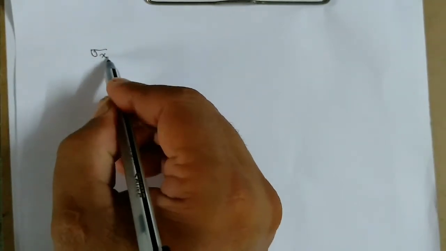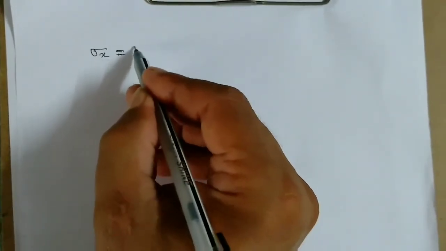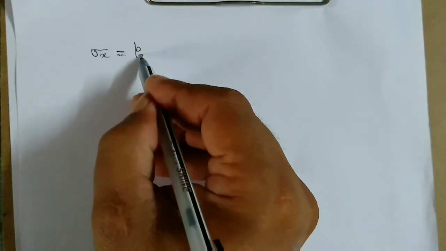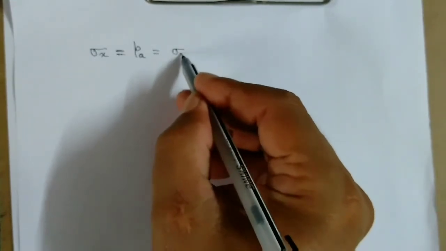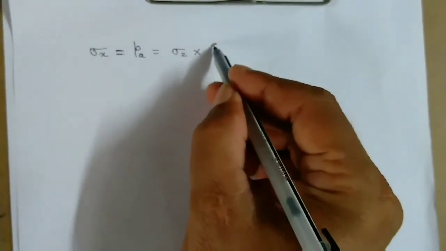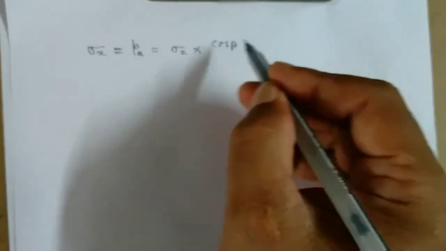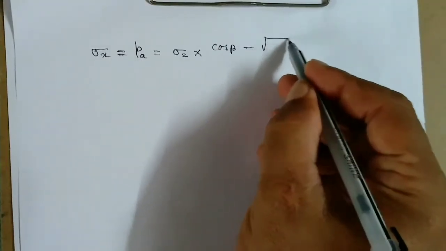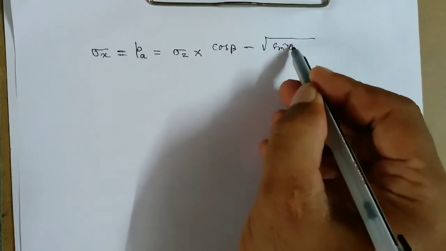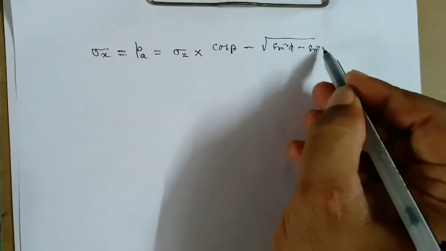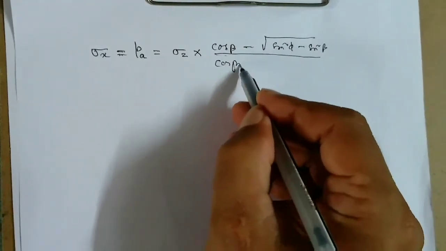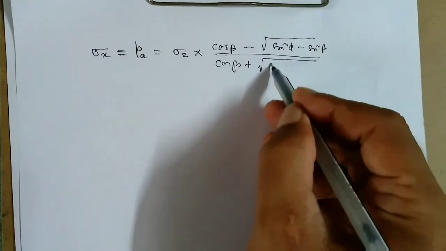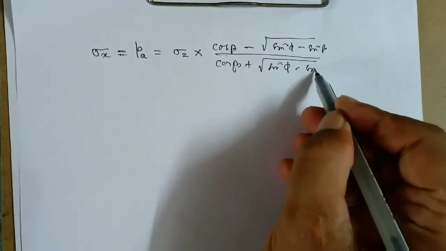Because our search is sigma x, which is going to be known as lateral earth pressure, and because it is active earth pressure, we can write this sigma z into cos beta minus root over sin square phi minus sin square beta, by cos beta plus root over of sin square phi minus sin square beta.